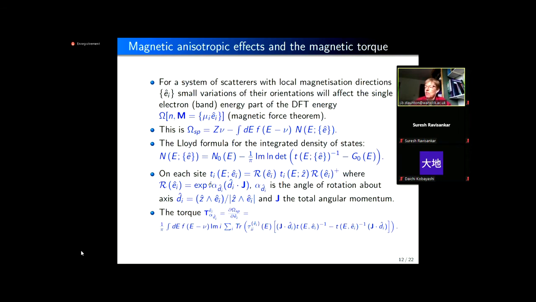So we can express this formally in terms of these rotations about an axis which is perpendicular to Z and the direction in which it's magnetized, and J is the total angular momentum.